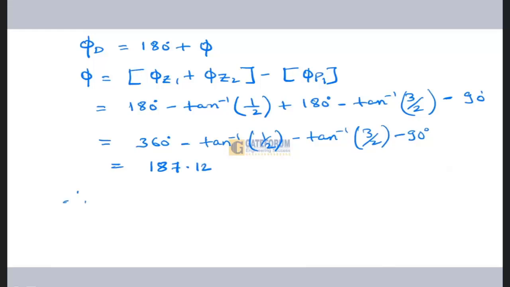So therefore, phi d will be equal to 180 degree plus phi. So phi is 187.12, and this gives 367.12. So phi d, because you want the angle in between 0 to 360 degrees.